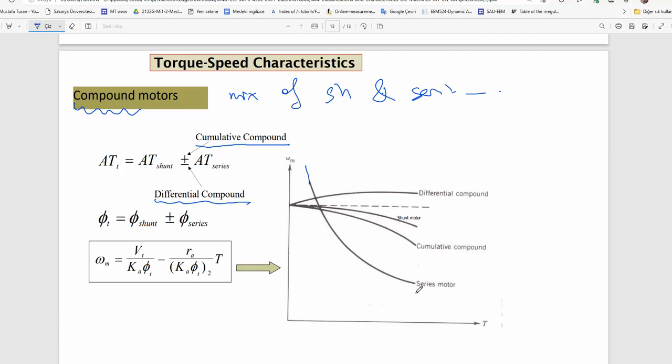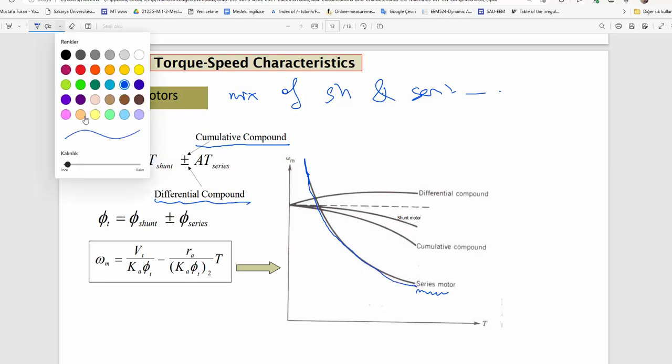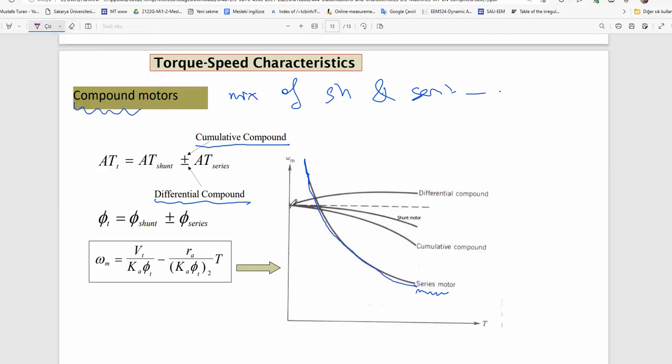We already know the series motor terminal characteristic. Again, remember, that is the series, and let's say that is the shunt. In such a case, possibly there are two different results.